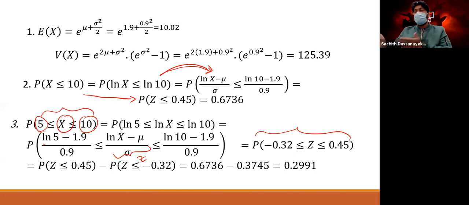You have to use the knowledge from the normal distribution. Since these values are Z values, go to the Z table and find the probabilities. I'm not going to explain this again because we have done it in the normal distribution, especially standard normal distribution cases. Okay, clear?